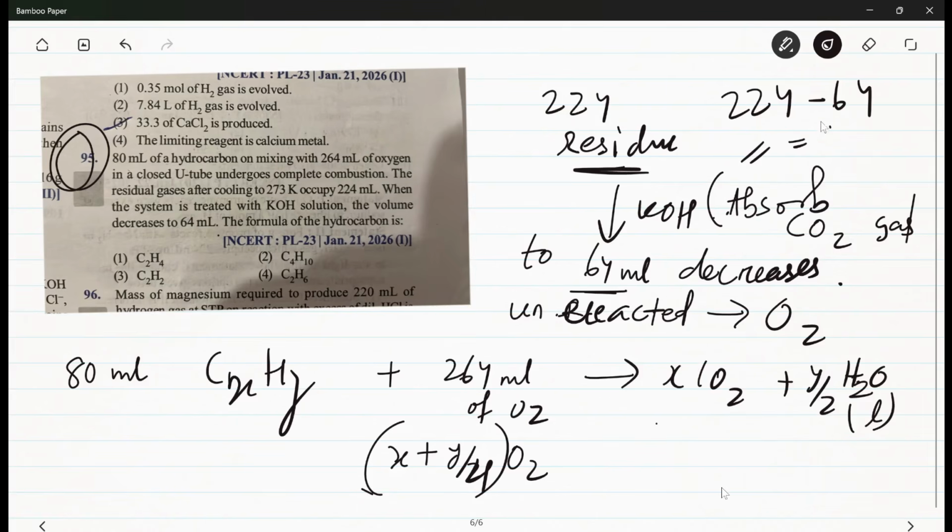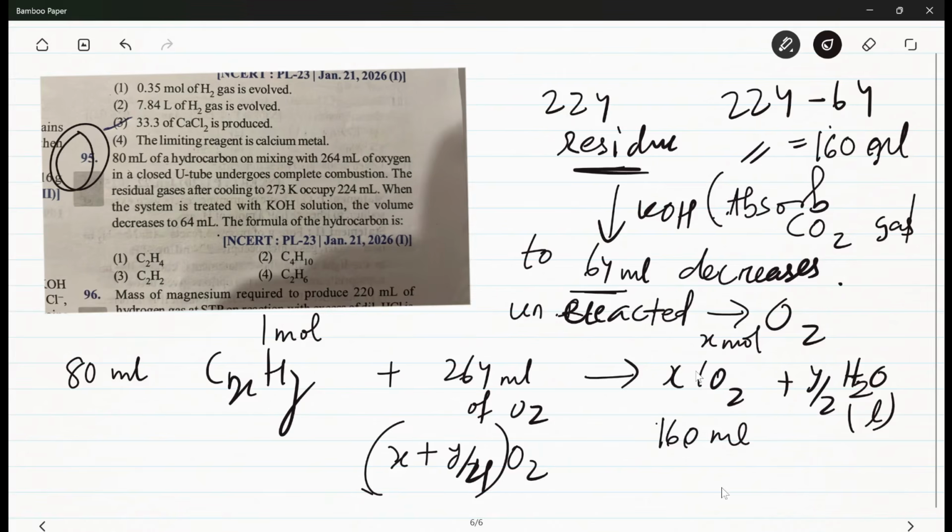So how much CO2 is left? 160 ml absorbed, 224 minus 64. This unreacted amount is unused O2, don't worry about that. So this is 160 ml. You know 1 mole of this will give x mole of CO2. 1 ml will give x ml. As per the Avogadro-Gay-Lussac relationship, the mole-mole relation can be converted to volume-volume relation without worrying.